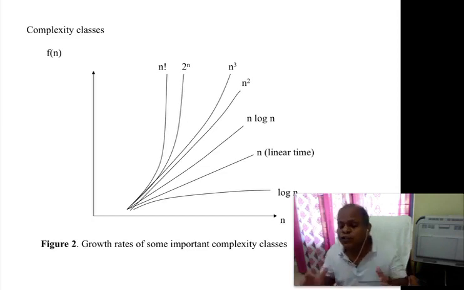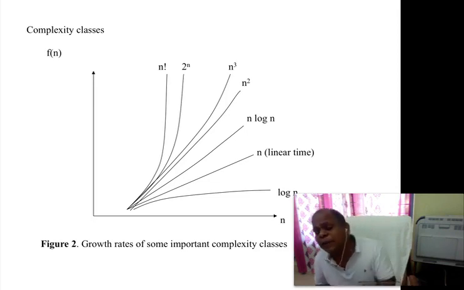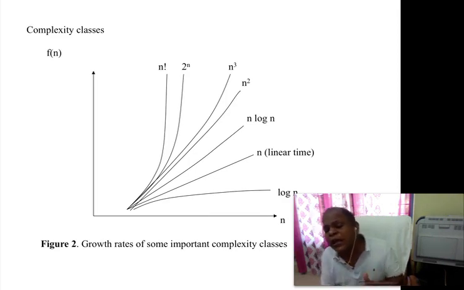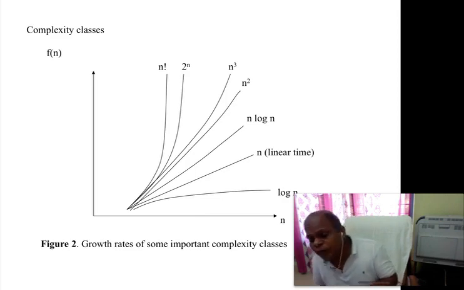Hence, all the functions whose growth is the same as the growth of log n come under one class, and they are of the same complexity. That's why the functions coming under one class having the same complexity are called complexity classes. Hence, log n is one complexity class. All the algorithms whose growth is in the order of log n are in one class.